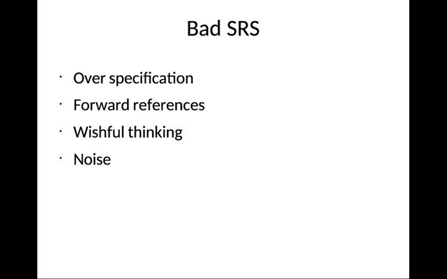So those are known as irrelevant things. We should not include irrelevant things in the SRS document. Okay. So these are just some of the attributes that contribute to a bad SRS. There may be other attributes also. Okay.